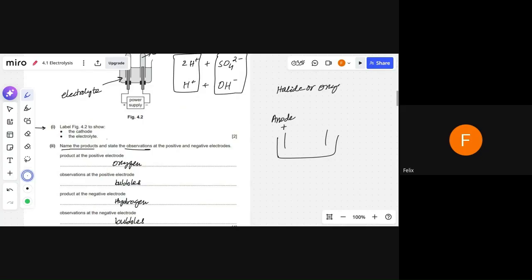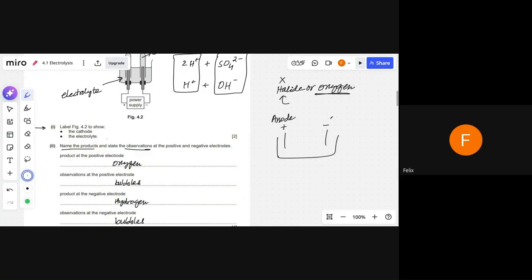Nothing else can be deposited, right? So what is the rule for halide? A halide must be present in the electrolyte. Here we don't have that, so halide is ruled out. So it is oxygen. If the solution contains halide, then it will be a halide instead of oxygen. That's the rule for what will be deposited on the anode.